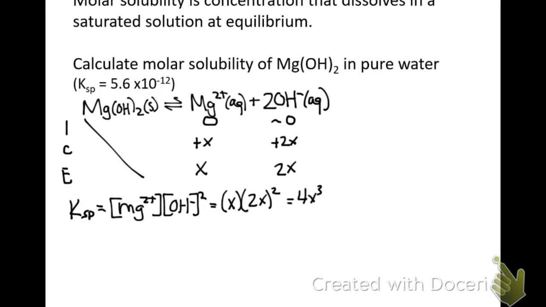And we said that 4x cubed will equal the value of KSP, which is 5.6 times 10 to the minus 12. Okay, if you solve for x, you'll find out that it is 1.1 times 10 to the minus 4. And since that x represents every unit of Mg(OH)2 that dissolves, then x is also the molar solubility. So in other words, the molar solubility will be 1.1 times 10 to the minus 4 molar.